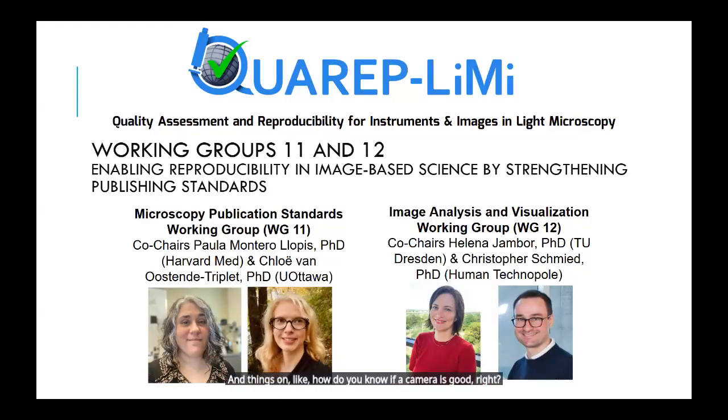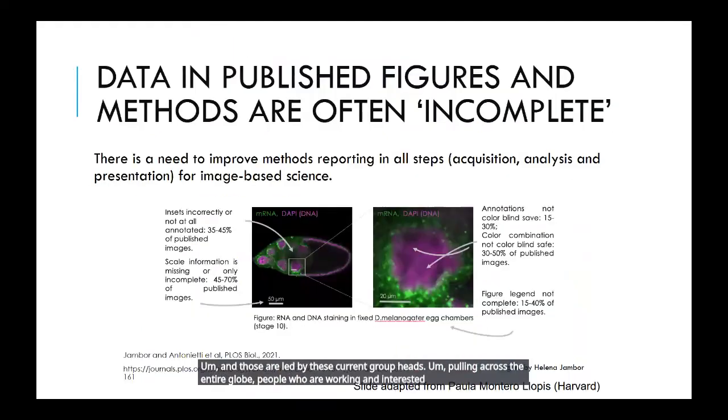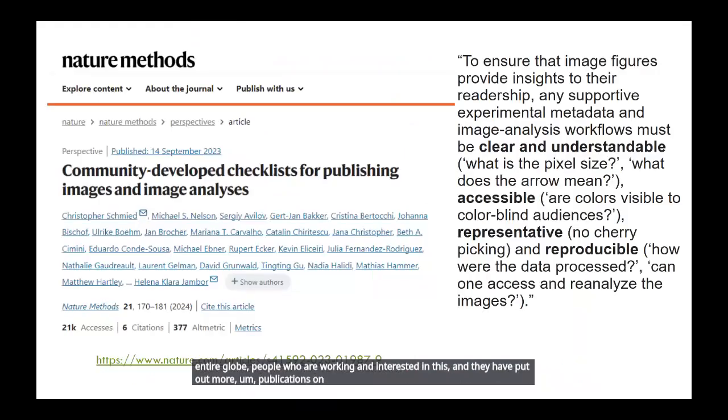Or an objective, what does flat field mean? Those are other working groups. The one that I was working on was how do you publish or analyze data and make it more interpretable to others. And those are led by these current group heads, pulling across the entire globe, people who are working and interested in this. And they have put out more publications on any of these standards, right?